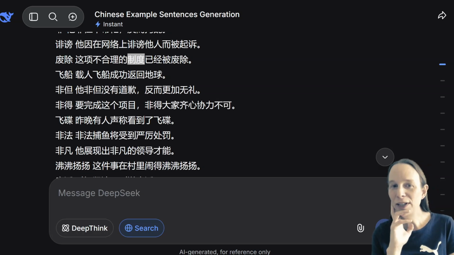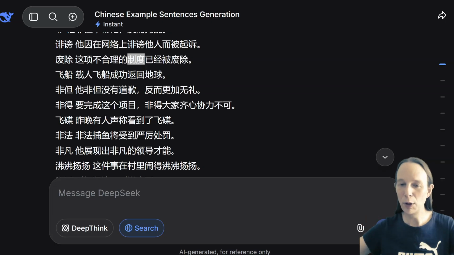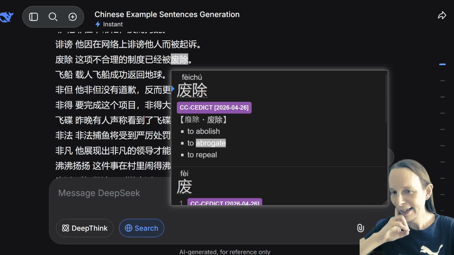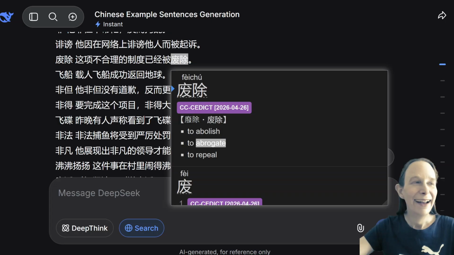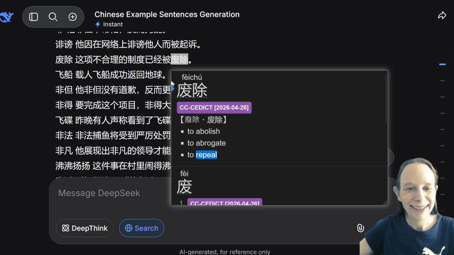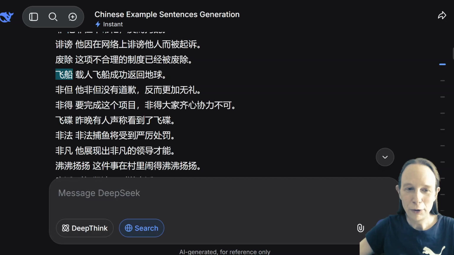An unreasonable governmental system has been abolished. Yeah, 废除, abolished. Abrogate. Abrogate, I see in religion, right? Like certain verses of religious texts are abrogated. Repealed. All right.